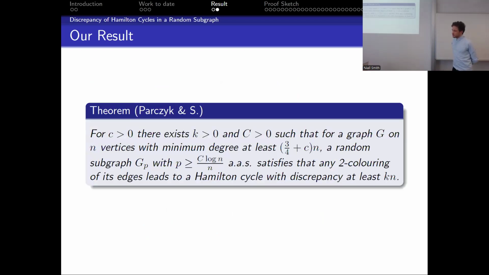So the result that we got was that yes, you can combine them: for arbitrarily small constant c, there's another constant k such that for big C, for a graph on n vertices with minimum degree at least (3/4 + c) times n, a random subgraph G_p of that graph with high probability, with p above the threshold C log n over n, satisfies that any two-coloring of the edges has a Hamilton cycle with discrepancy at least k.